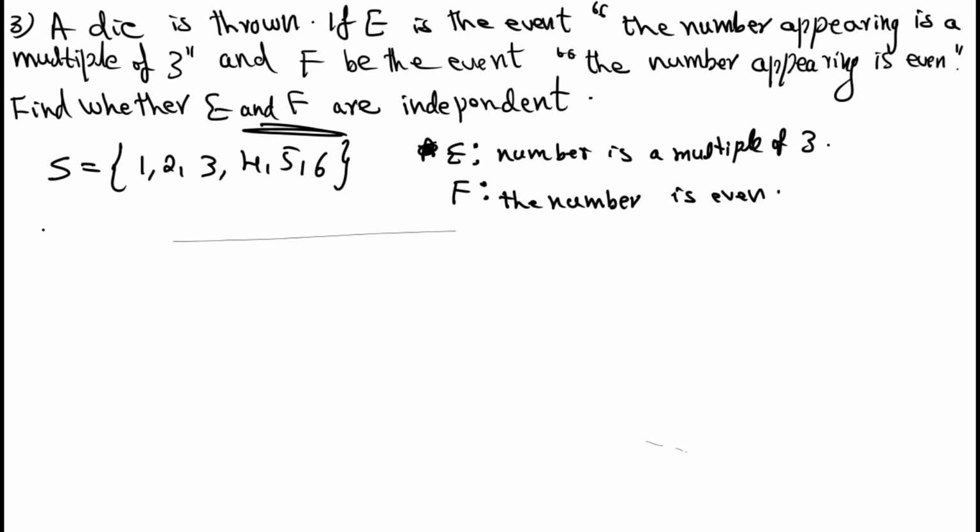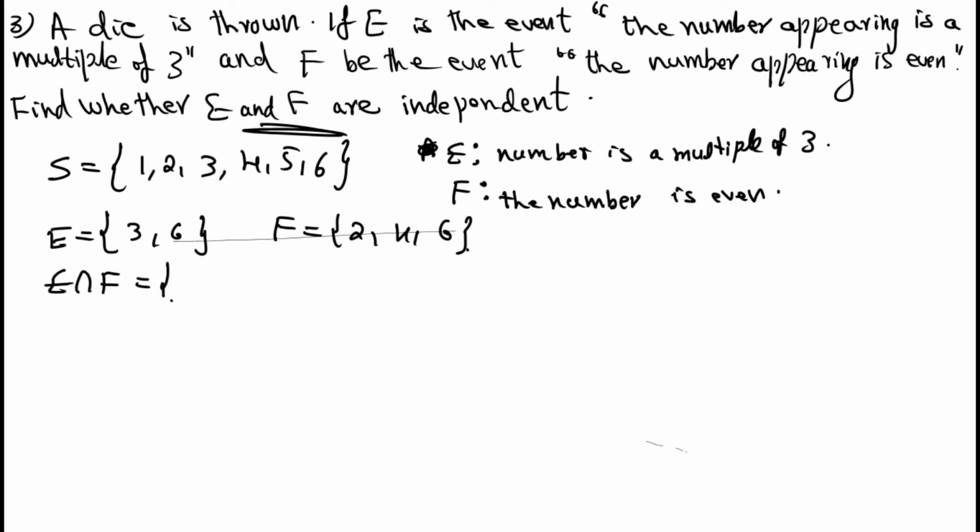Okay. Here I'll write possible outcomes for event E. Event E is equal to multiples of 3: 3 and 6. Event F, number is even. What are the even numbers? 2, 4, 6. Now calculate E intersection F. E intersection F is equal to only one element, that is 6. So n of E is equal to how much? 2. That means probability of E is equal to 2 by 6.